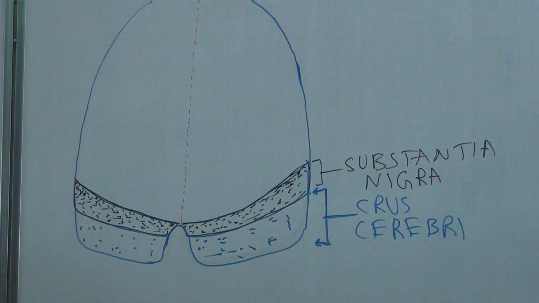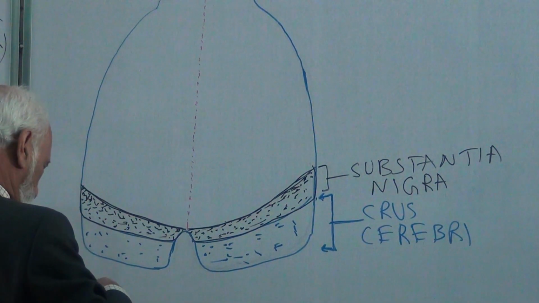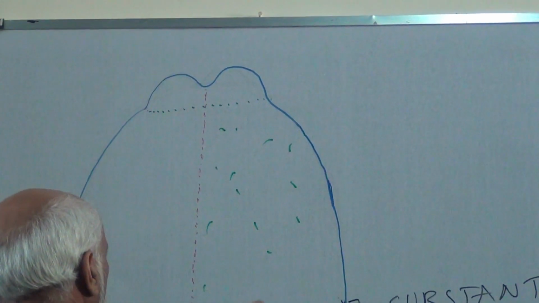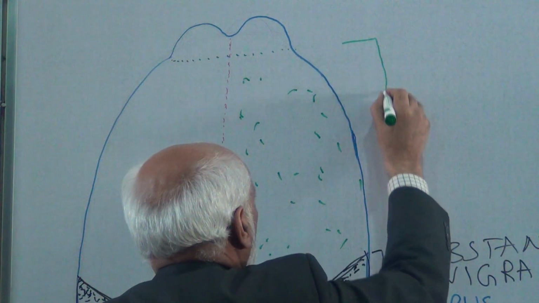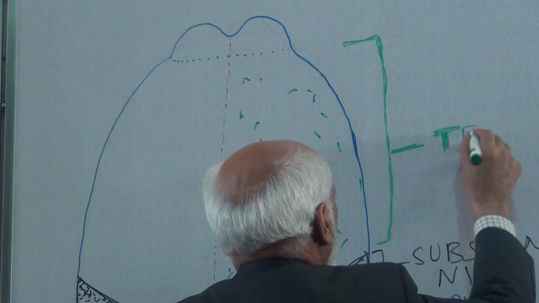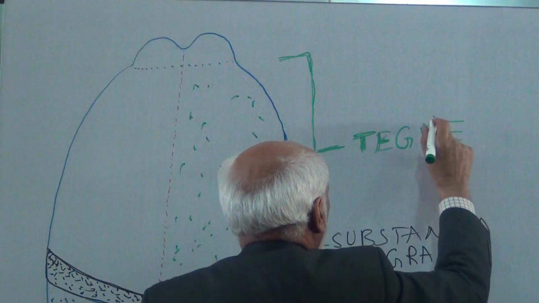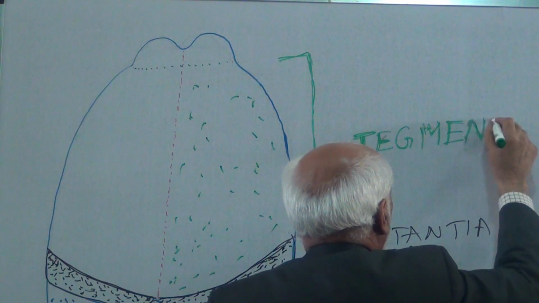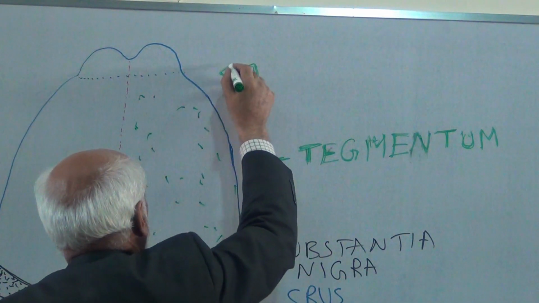Then still behind is the tegmentum. This is the tegmentum of the midbrain.